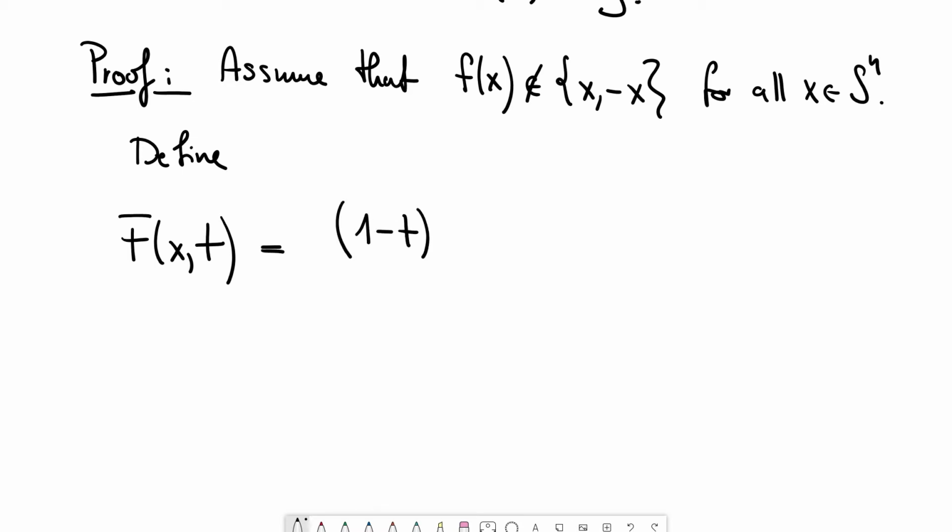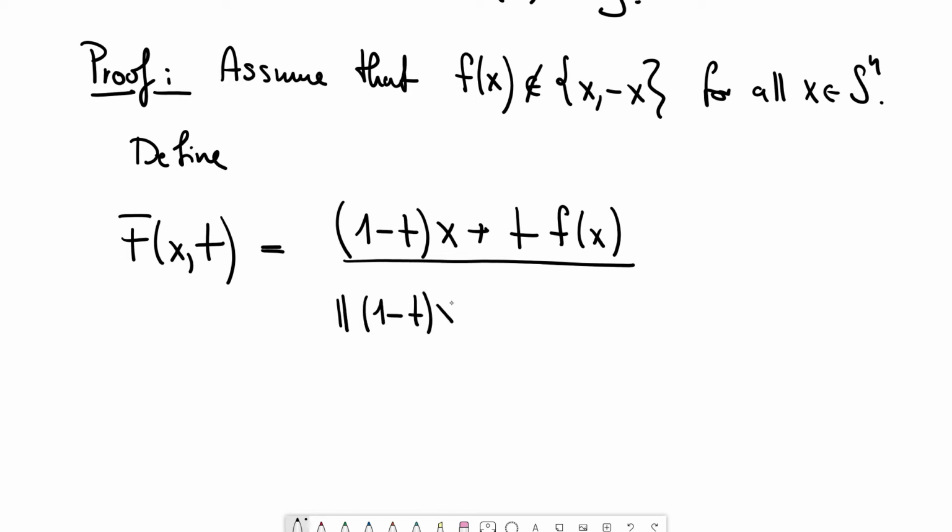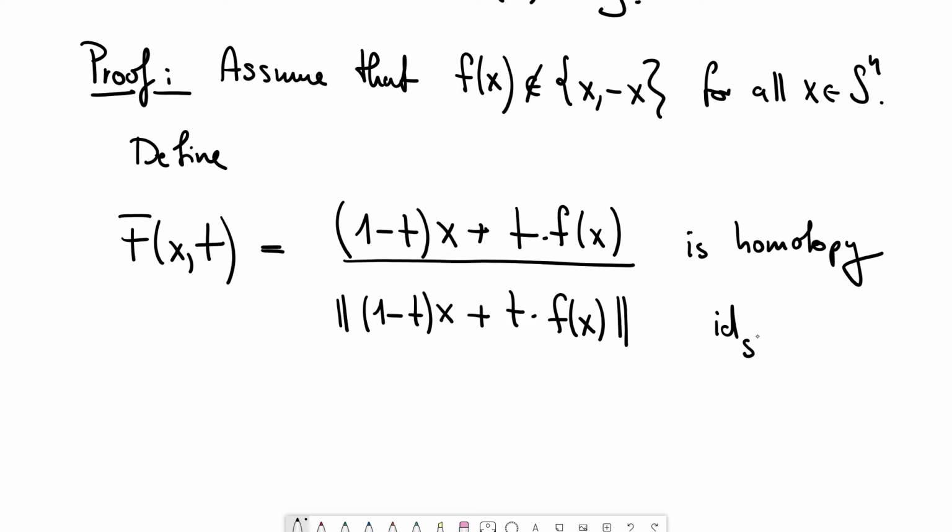It's basically an affine linear homotopy that I normalize so that it happens on the sphere. For time 0, this is just the identity, the map x, and at time 1, we obtain f(x). This is a homotopy of the identity on S to f.